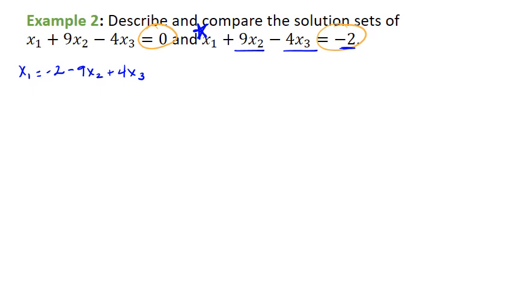Now this is the first part. So you may remember from the previous example, once we got here, we wanted to write a general solution. So this is the general solution with x2 and x3 being our free variables.